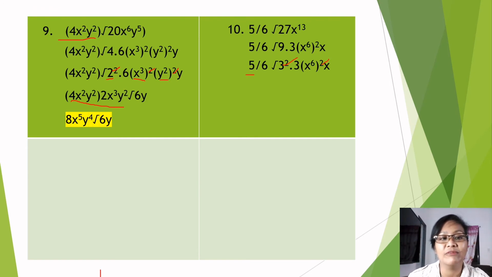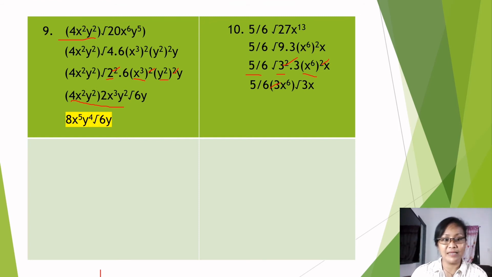So we have now 5 over 6 times the perfect root, 3, x to the 6th power, and then the remainder, square root of 3x. 3 and 6 can be cancelled because 6 is the denominator of the fraction 5 all over 6, and 3 is a whole number.